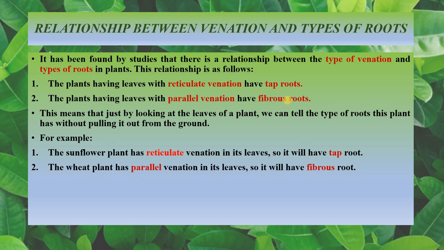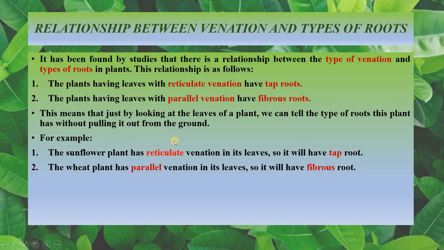Simply if you observe the venation of the leaf of a plant, you can easily find out what type of root system it has. For example, here I have given the example of the sunflower plant. It has reticulate venation, so make sure that it will have a taproot.